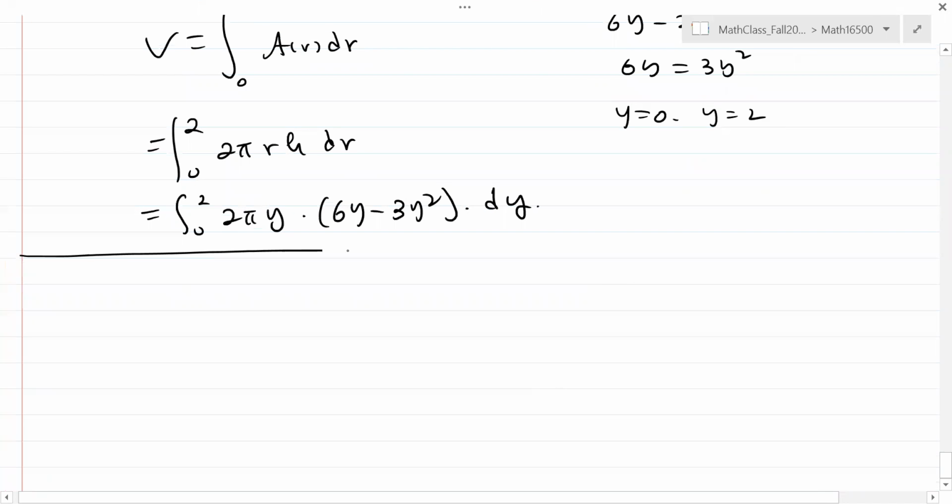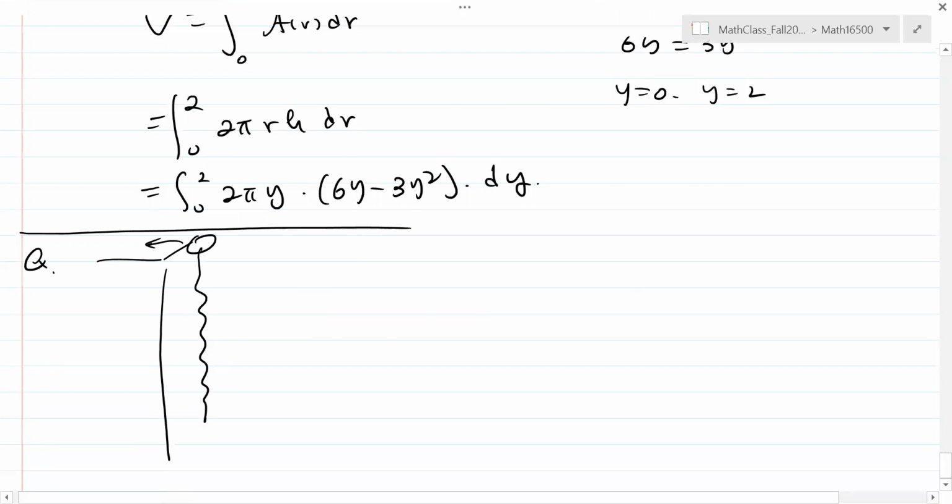The last problem is about one I did not do in the last review class, and that is you lift the cable to the top of the building. So the cable is 100 feet long.